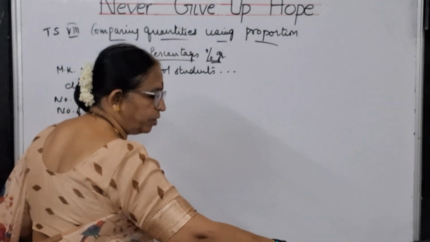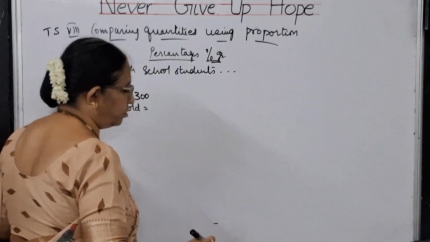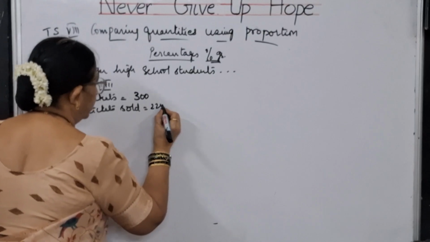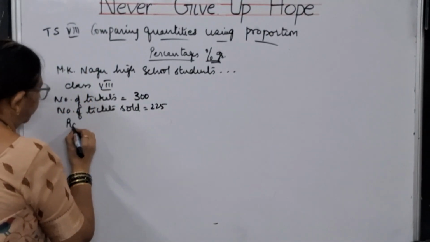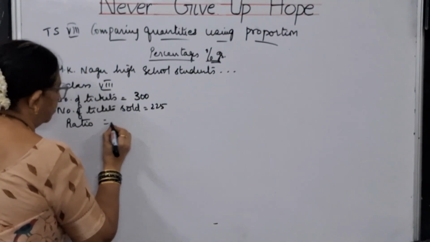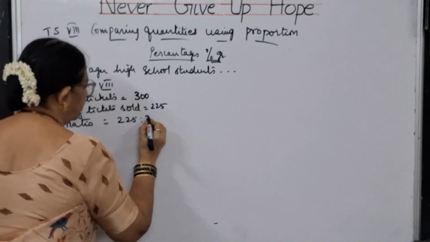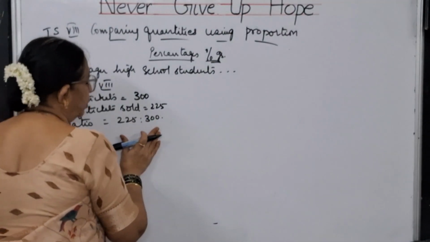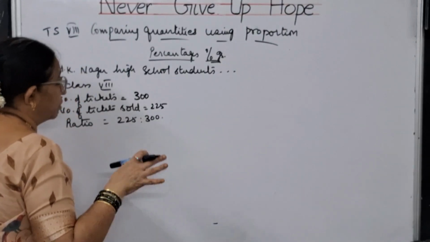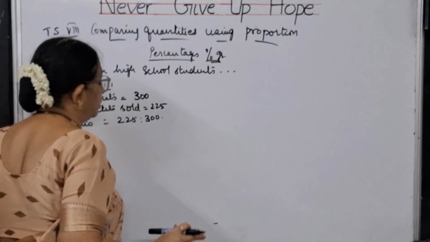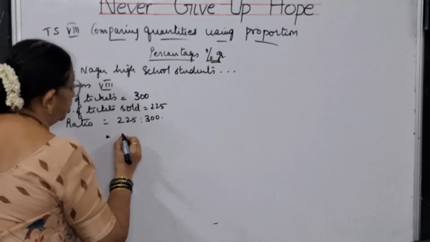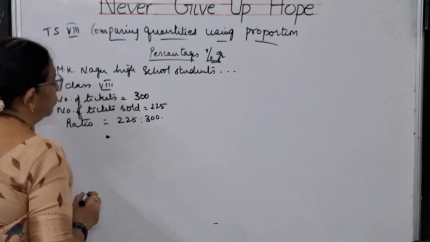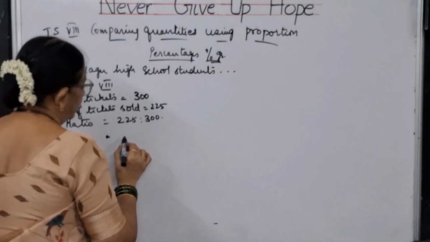They have sold 1 hour before. 8th class students sold 225. So if you first find out the ratio of them, 225 is to 300. But this ratio alone will not give you the solution, so we have to continue with the percentage. We can simplify this, 225 is to 300.